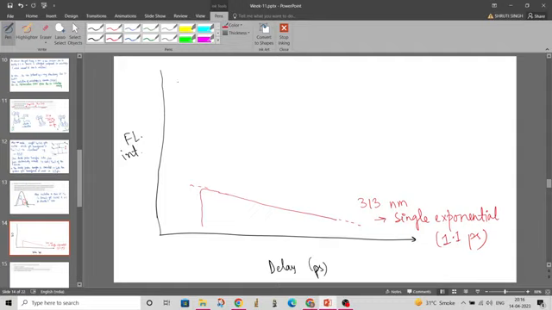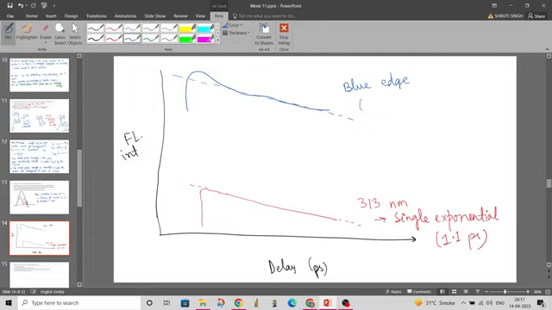But at the blue edge, this is not asked in the question, but at the blue edge, it was like this. So here we have two components. It doesn't get fitted to a straight line. So at the blue edge, both S1 is also getting, S2 is also getting excited.